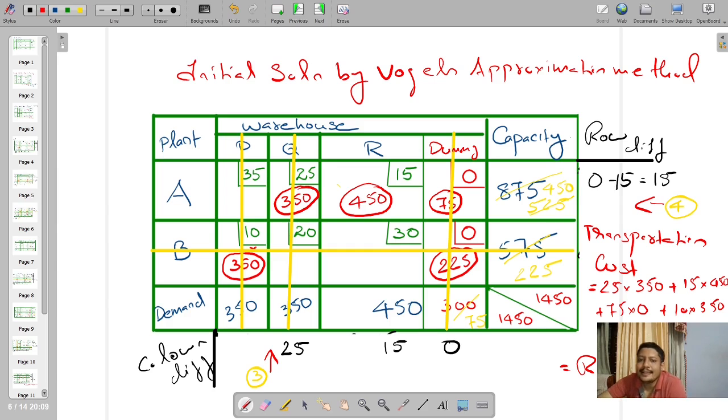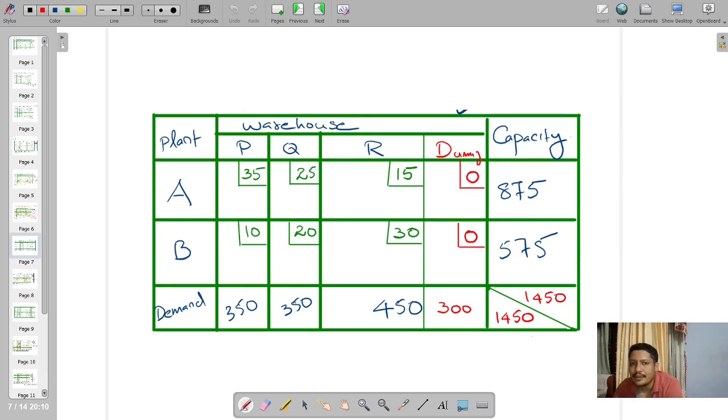Now the next step is that we need to check whether the obtained initial solution is feasible or not. I'll just write the values, copying the allocations alone over here.